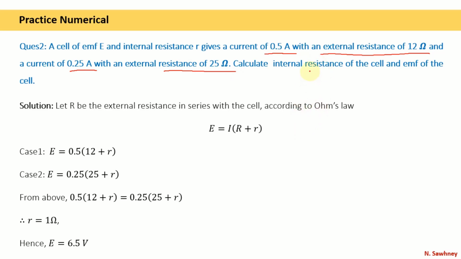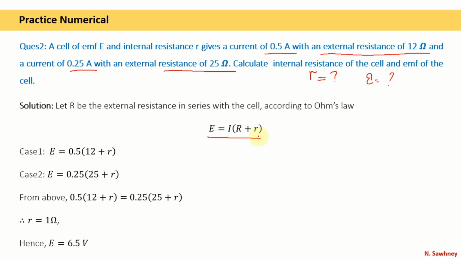That means we have to find the value of the internal resistance and EMF of the cell. Now to calculate, we have to apply Ohm's law, that is EMF is equal to I into R plus small r, that is, external resistance plus internal resistance.